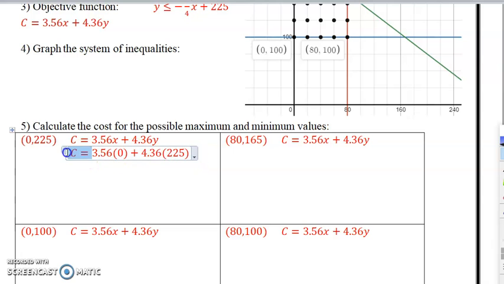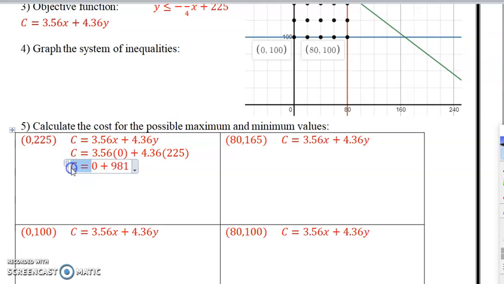All right. So we'll enter those in. So it'll be 0 plus 981.